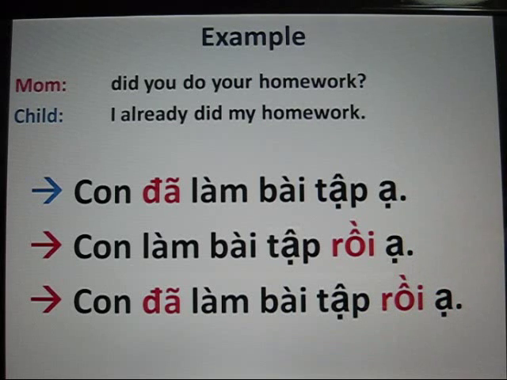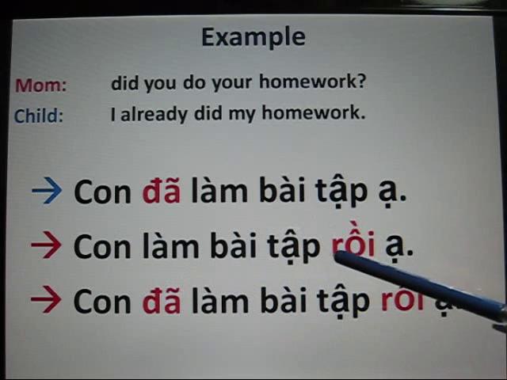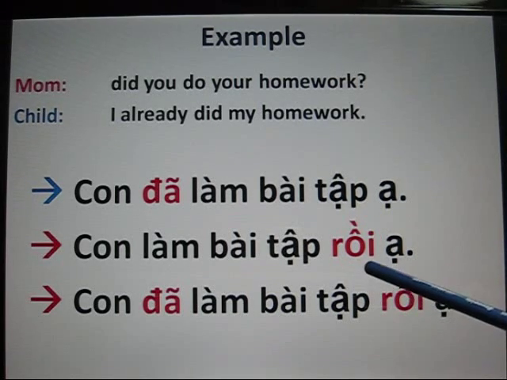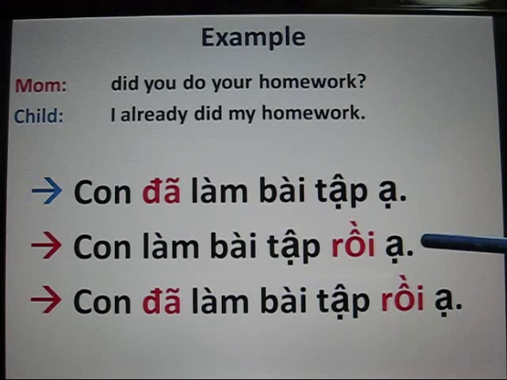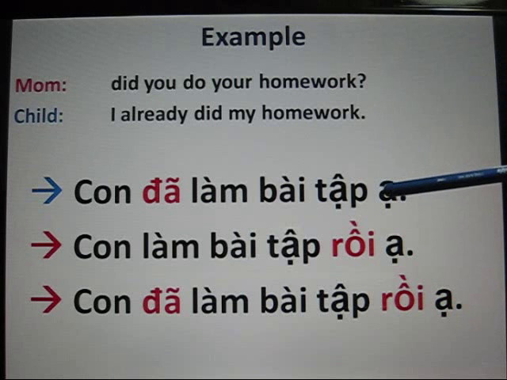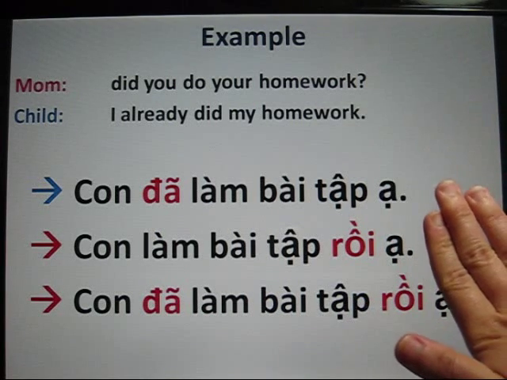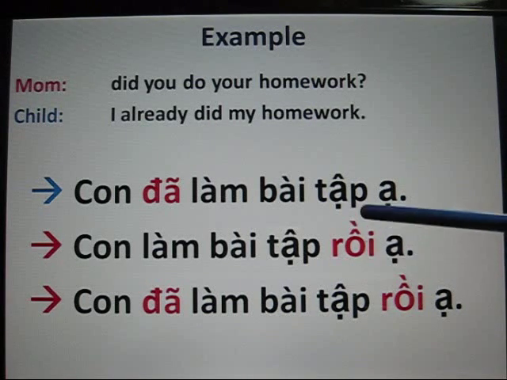You already see that con làm bài tập is the sentence, and we use the word rồi at the end of this sentence, because the politeness word is always the ending of the sentence you say. So you just use it when you talk to an elder. If you don't talk to an elder, you don't need to use this word. So rồi is put at the end of the sentence.